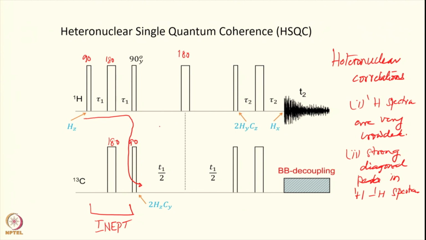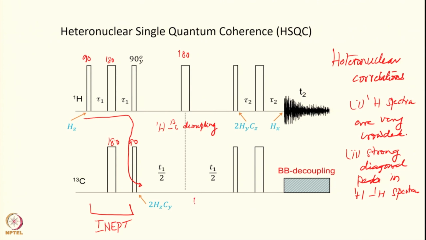So we can write here proton carbon decoupling. That happens, and the carbon magnetization will evolve with the carbon frequencies. What frequencies will be present here?